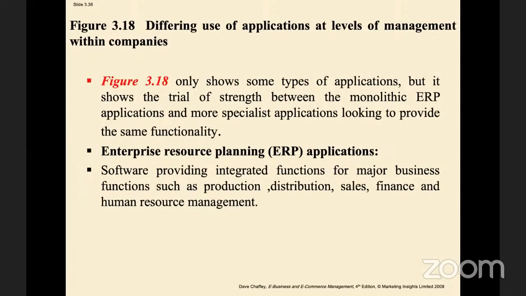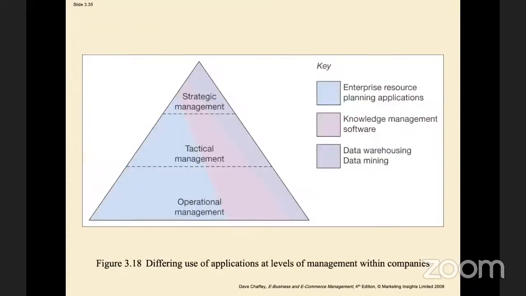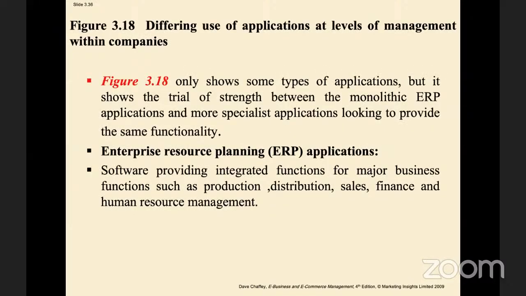Then figure 3.18, different use of applications at levels of management within companies. So what we saw in the diagram or in the chart, we see here in the details, that figure 3.18 only shows some types of applications, but it shows the trial of strength between the monolithic ERP applications and more specialist applications looking to provide the same functionality.